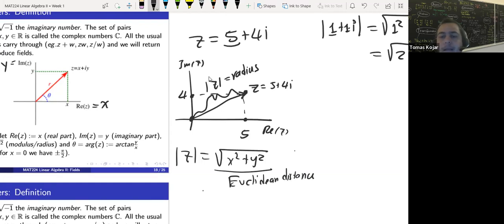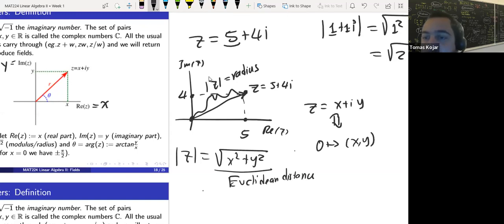That's because we can identify complex numbers, z equal to x plus iy, with the vector going from 0 to (x, y). Any questions? That's also called the norm of z. Yes, also norm.